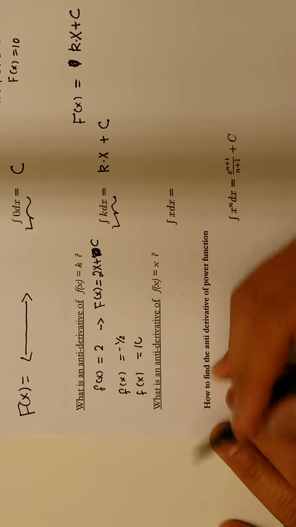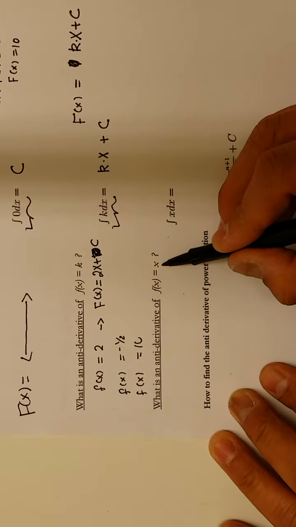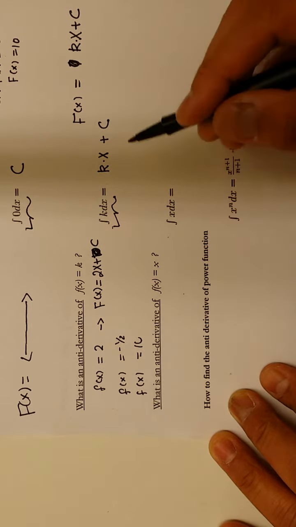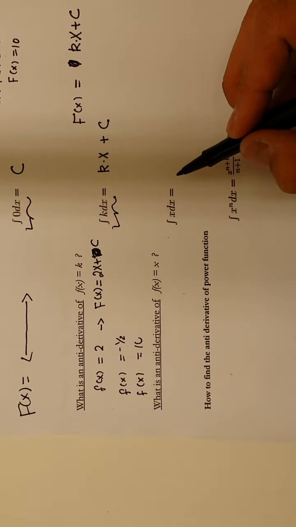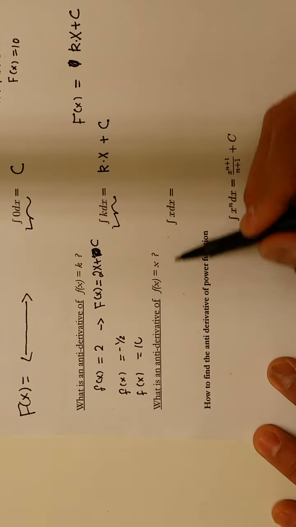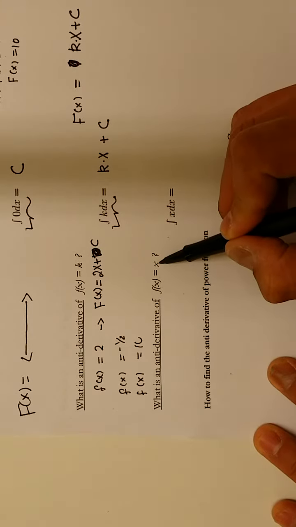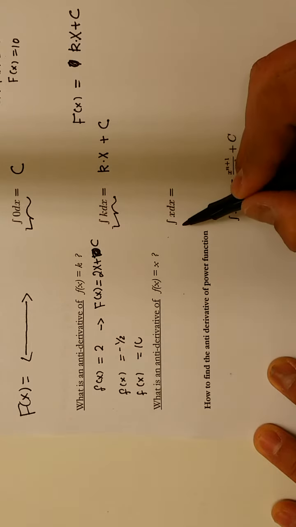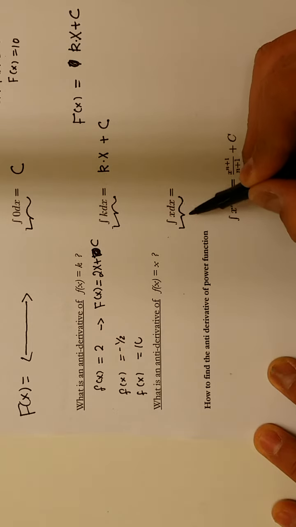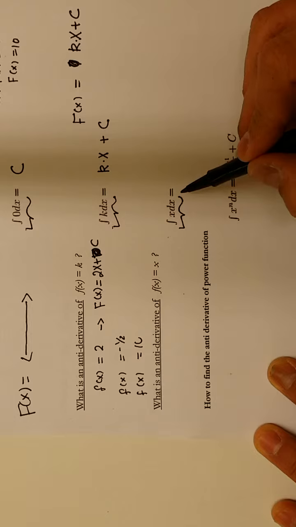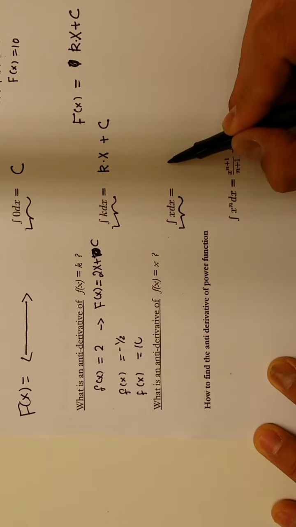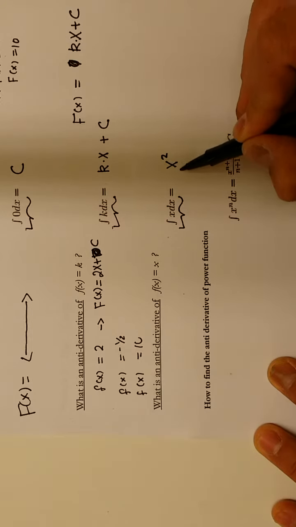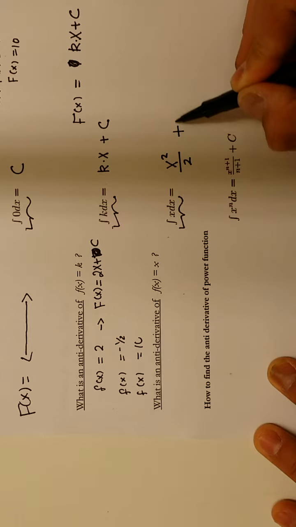If your derivative is a line, then your antiderivative has to be quadratic. If this is your derivative, then this is the symbol for the antiderivative, and we would get x squared over 2 plus c.